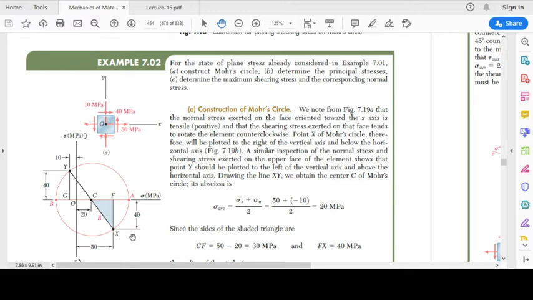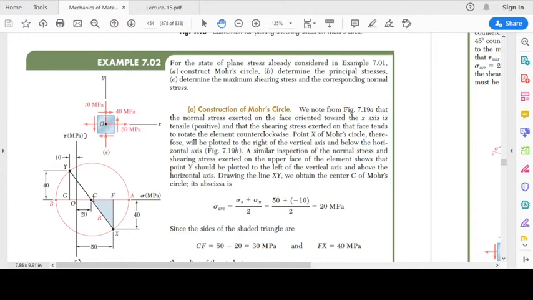The maximum shearing stress is going to be at the top point, and the value of normal stress at that point is going to be equal to sigma average, because the maximum shear stress is going to be on this vertical line which passes through the center. So the value of sigma on those planes is going to be sigma average, which is 20 megapascals.